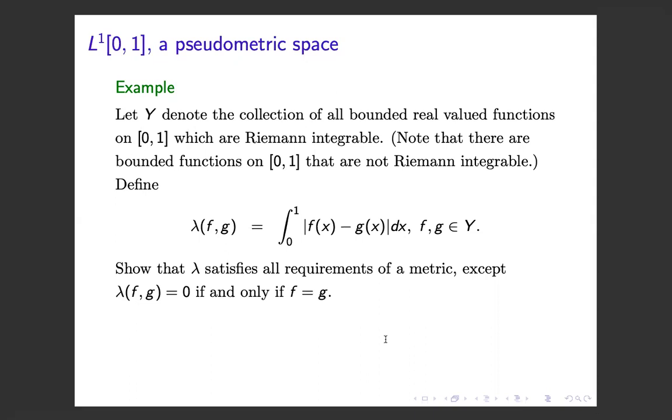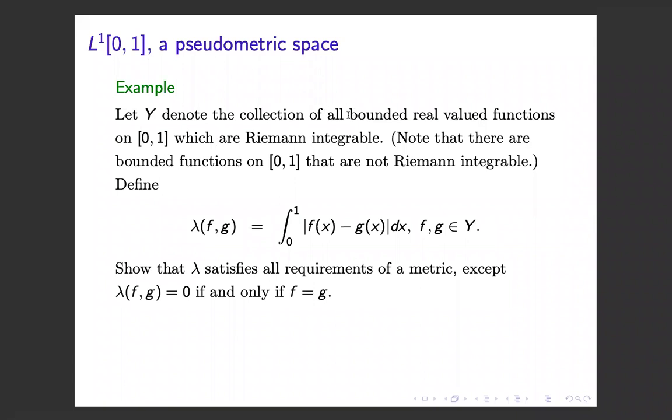This is, we denote it by L superscript 1, 0, 1. It's a collection of all bounded real valued functions on [0, 1] which are Riemann integrable. So this Y is a different space.